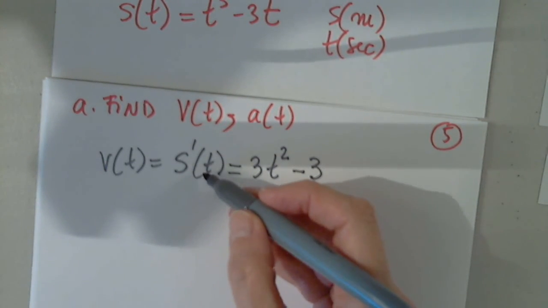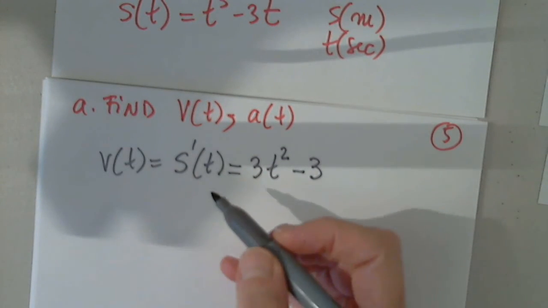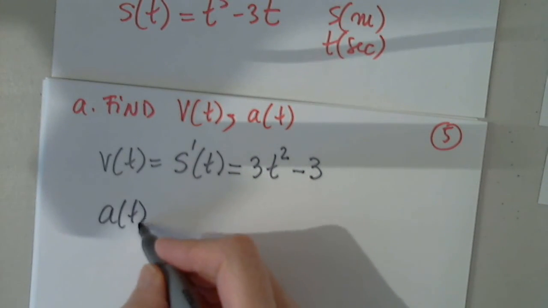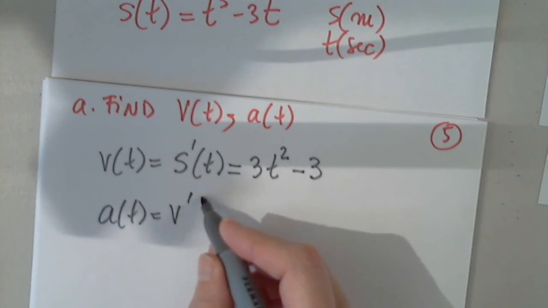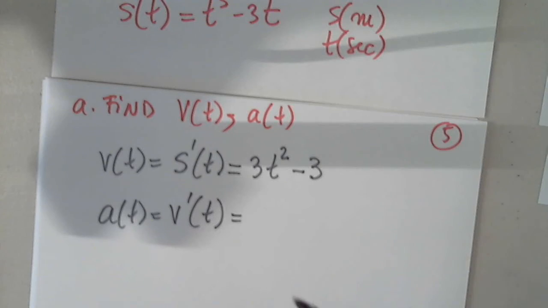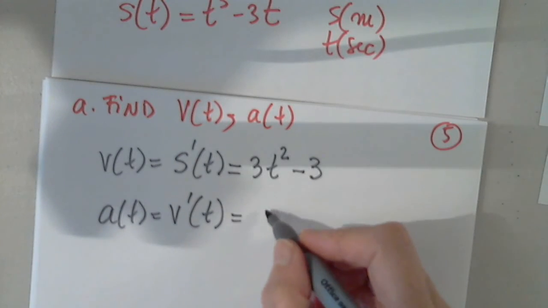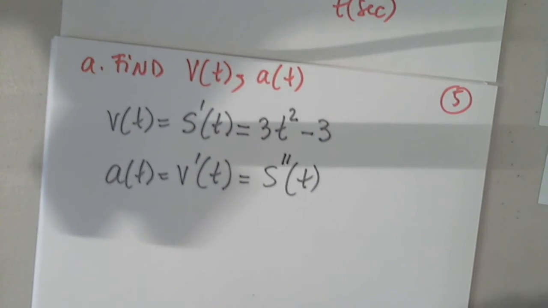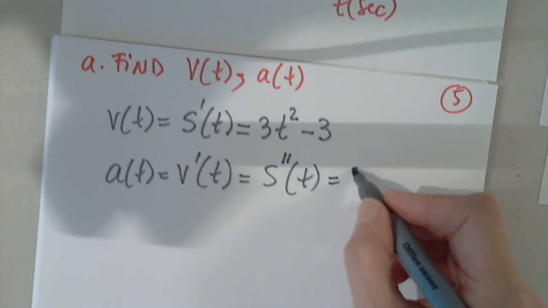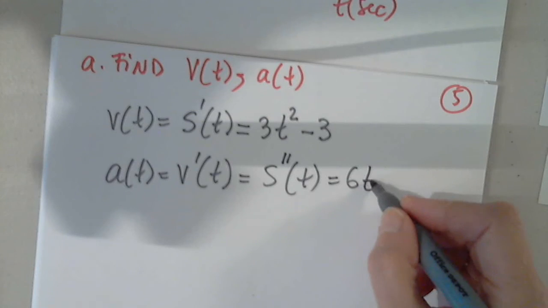The first derivative of the distance is the velocity. Now, the acceleration is the rate of change of velocity, so it will be v prime of t, but it's the same as the second derivative of the distance function. So I just differentiate, and I get 6t.